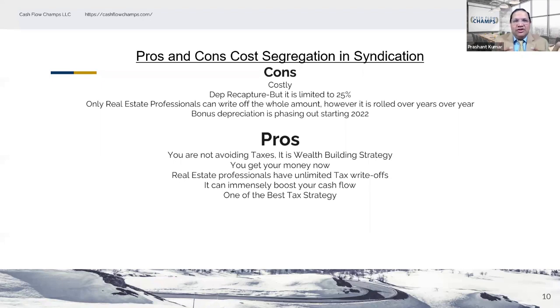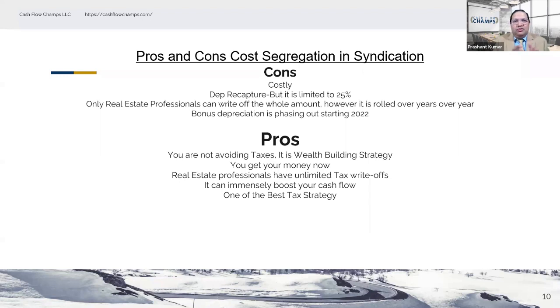And once you are in real estate, you can grow and take the compounding effect of the tax that you saved. So in my earlier example, you invested 100,000, your W-2 is 100,000, and you got the depreciation of 100,000. You wrote off 100,000, so effectively you did not pay taxes on your W-2, which could be 35%. You reinvested that 35,000, and you are continuing to make money on that every year.